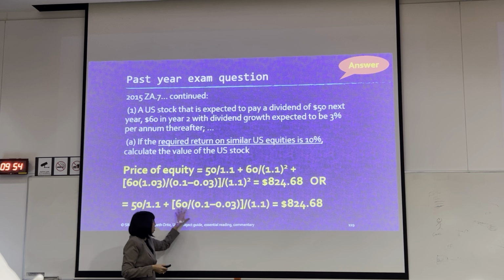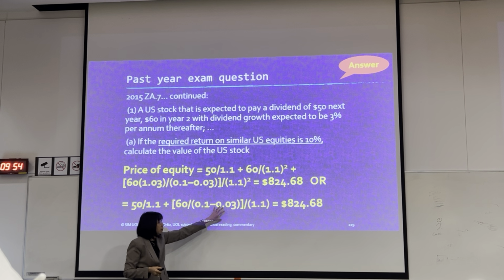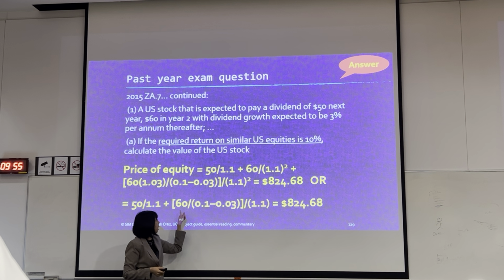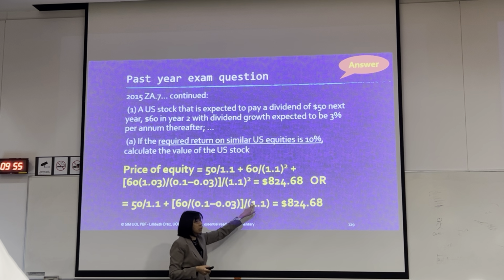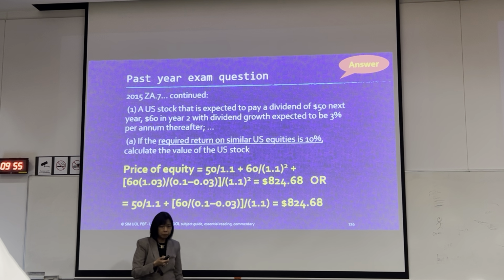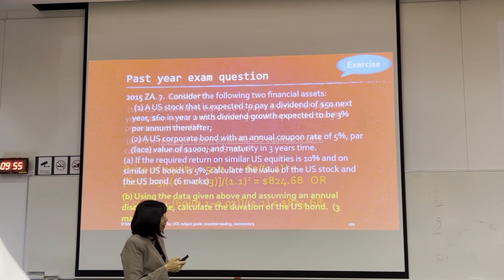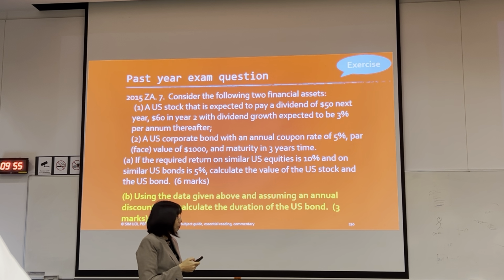So this is the constant growth model. That's the price at time 1 of something that pays you a dividend that grows constantly. And then of course since it's at time 1, you discount it by 1 period.